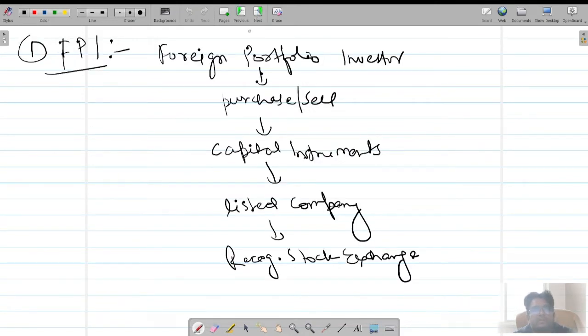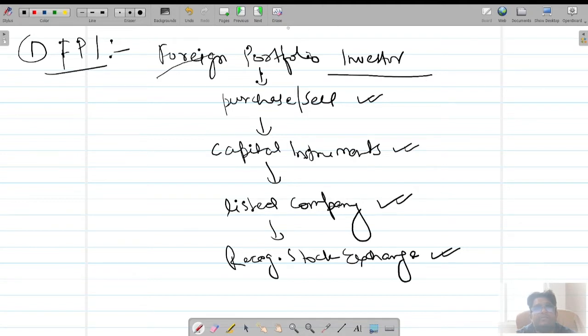The first one is the foreign portfolio investor. How can they invest? They can purchase and sell capital instruments in a listed company which is listed on a recognized exchange.